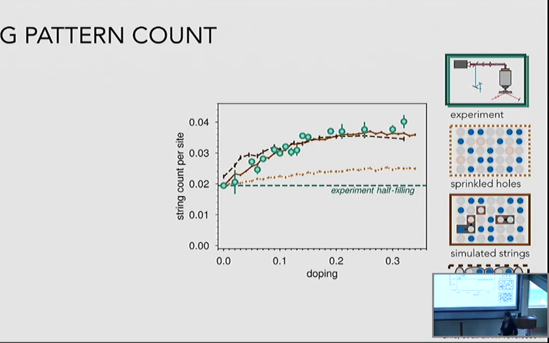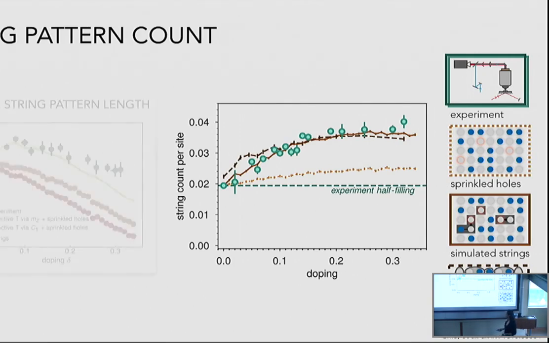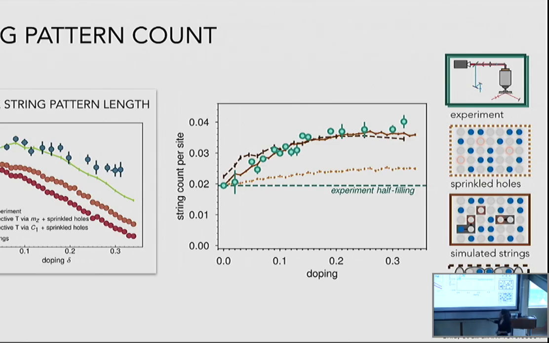So not only can we look at the string pattern count, but it's also useful to look at the average length of the strings that we find, noting that many of them may be affected by the fact that we do have, for example, double on hole pairs or spin exchanges, which will bias you towards shorter strings. But again, if you do that, and I won't go into detail for the red and the orange points, we can talk about that later if you want, but if you look at the experiment, you see that the string pattern length is fairly flat across small dopings, but then tends to get shorter as you reach a doping value, which is pretty similar to where this starts to saturate.